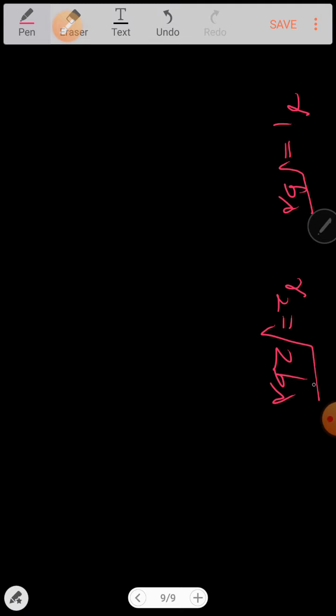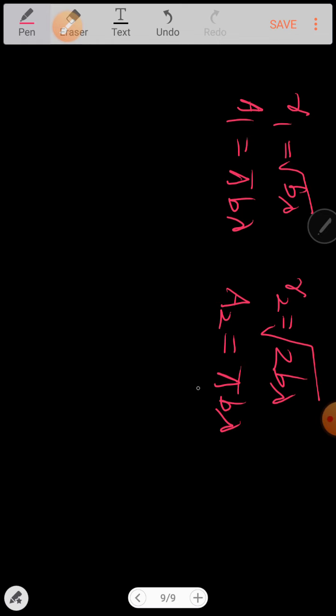And from this, r1 is root of b lambda, r2 is root of 2b lambda, the area of the first zone is pi b lambda, and the area of the second zone is pi b lambda itself, because we should subtract the area within the first zone.